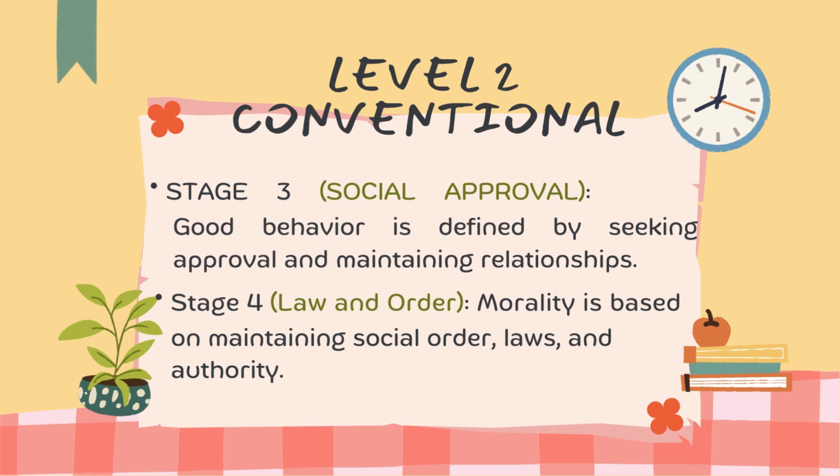To guide students at the conventional level, our teaching strategies must promote empathy, social role-taking, and an appreciation for systematic order. We can encourage cooperative group work with clearly defined roles such as leader, presenter, or even editor.